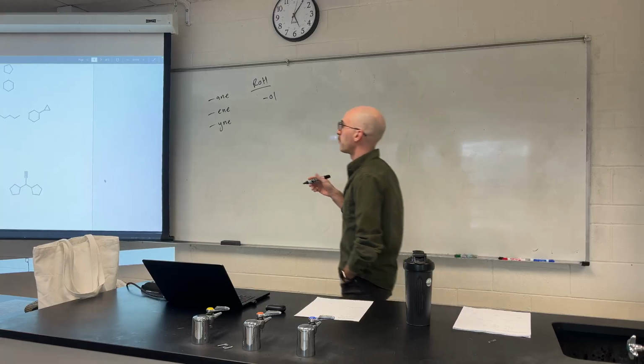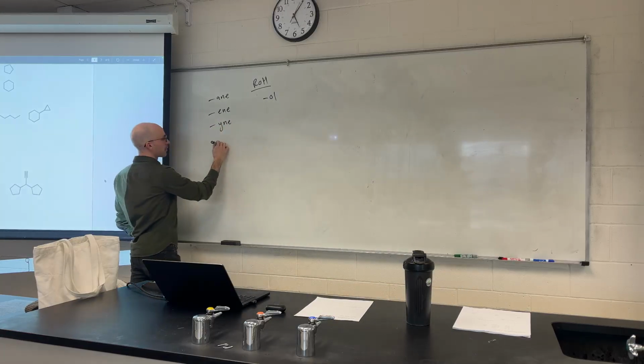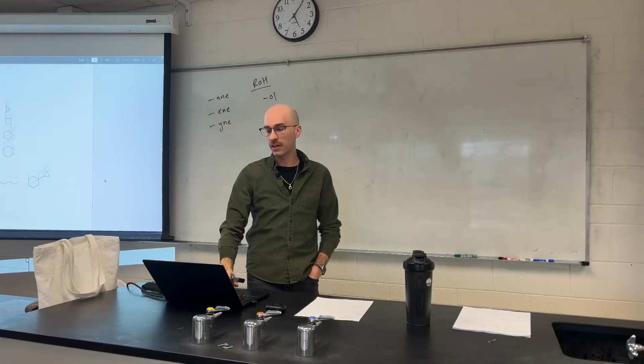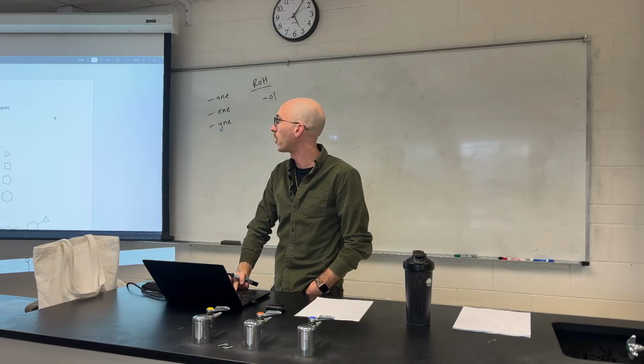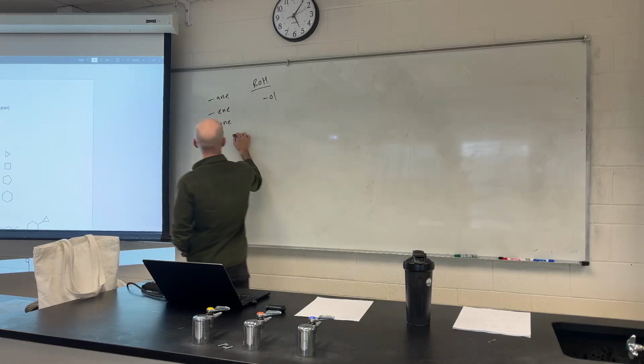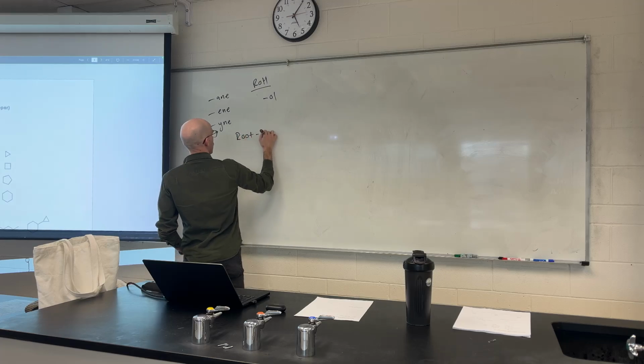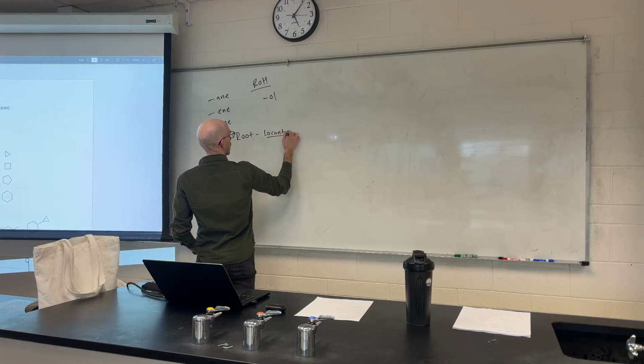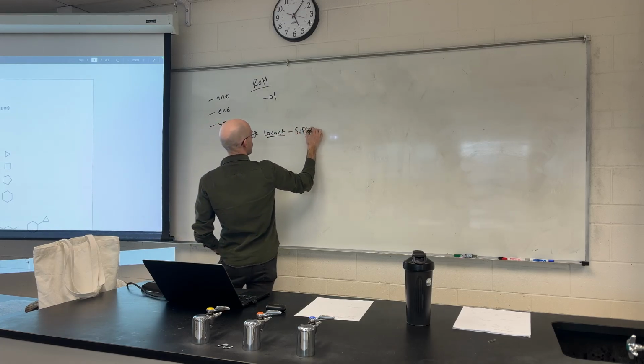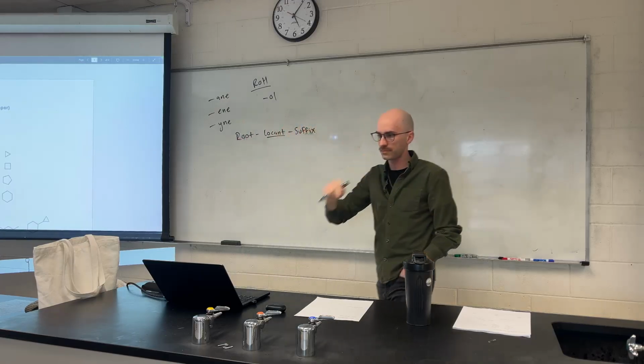I want to point out this generic form for what nomenclature would look like. We said that we'll take the root and we'll put this locant in before we show the suffix and the suffix stopper.